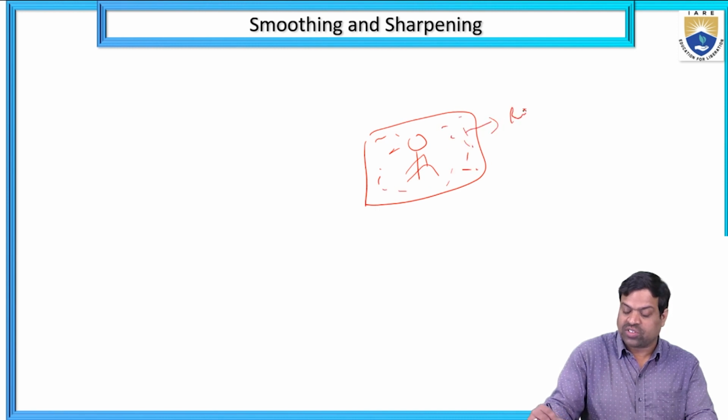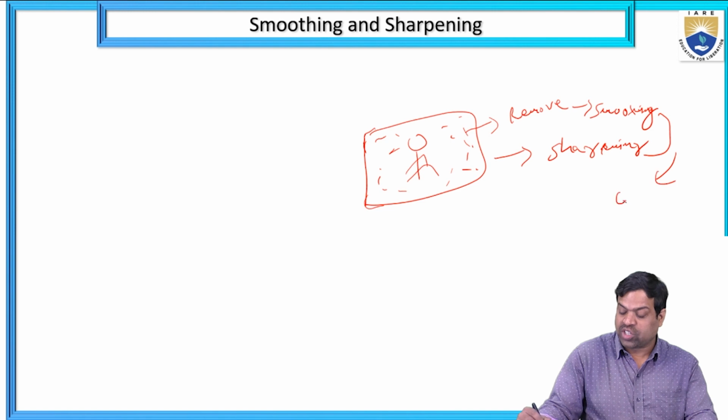I want to remove them like this, so I am using smoothing. Sharpening means edges. When we are going for the edges, I use sharpening. So smoothing and sharpening play a very important role in color image processing.